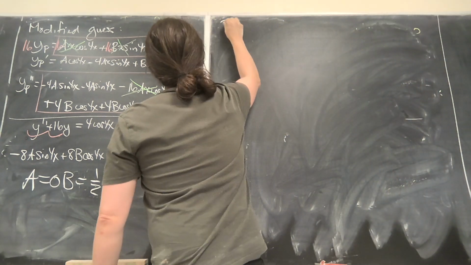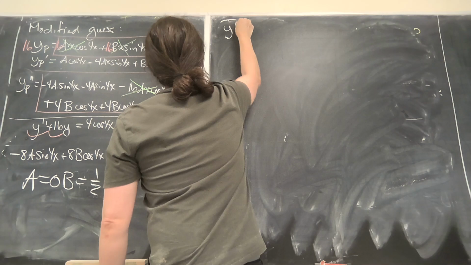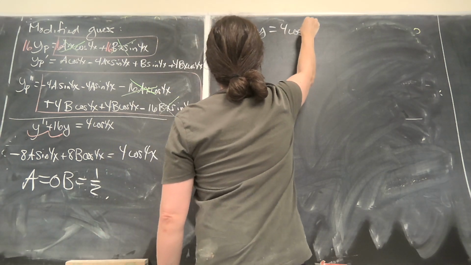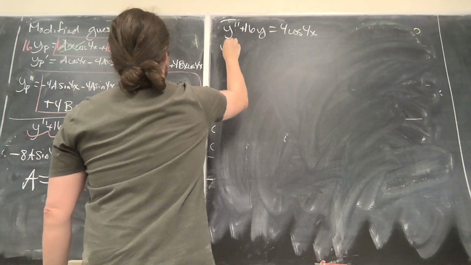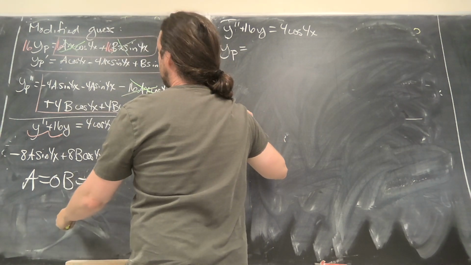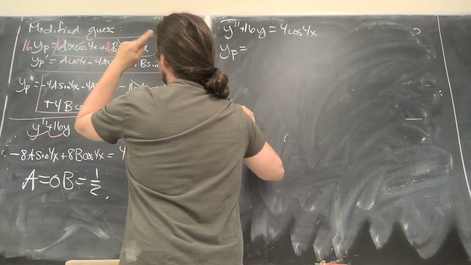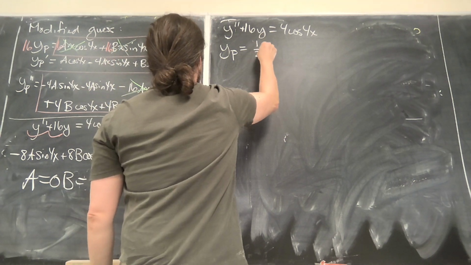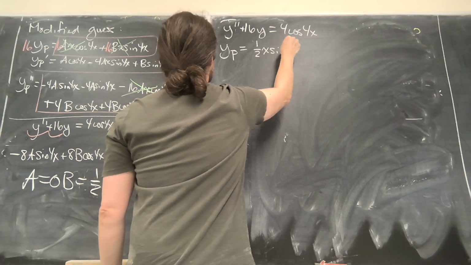So I started with y double prime plus 16y is equal to 4 times the cosine of 4x. I have now figured out that the particular solution is, okay, so if a was 0 and b is 1/2, then the particular solution is 1/2 of x times the sine of 4x.